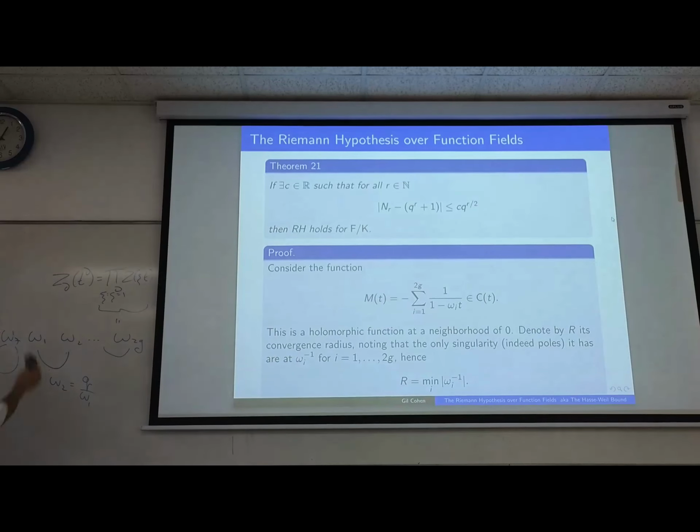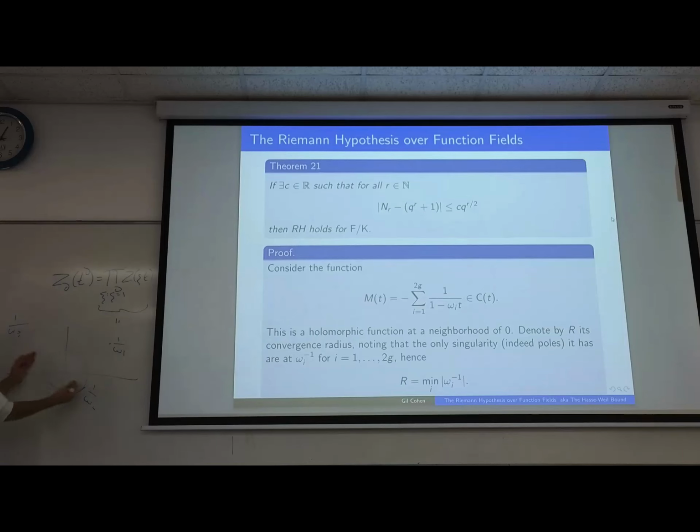So maybe let me draw a picture. This is the complex plane, and this is 1 over omega 1, this is 1 over omega 2, maybe this is 1 over omega 3. And these are simple poles of that function. So here everything is great and nice. And as you go away, the first time you hit an inverse omega, you are not defined.